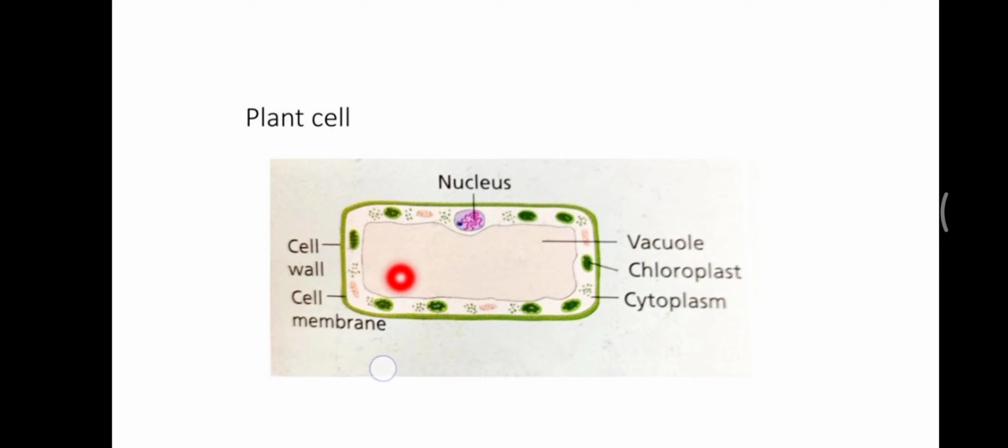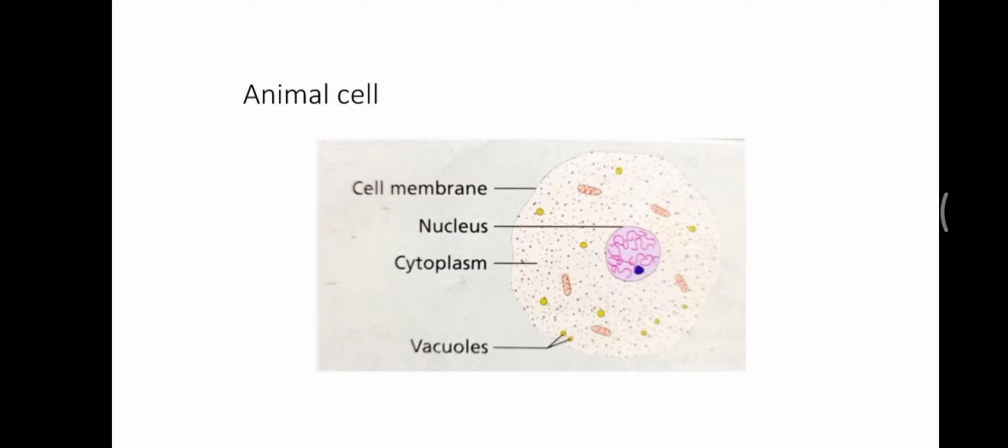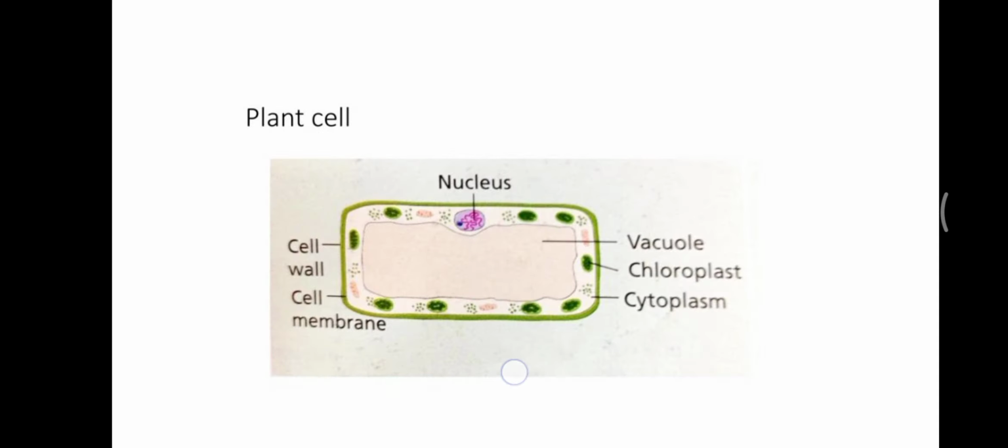It contains cell sap, an aqueous material which keeps the cell firm by taking in water. But in animal cells, vacuoles are small. These yellow structures are vacuoles. Vacuoles are small and numerous in an animal cell, but in a plant cell there is only one large central vacuole.